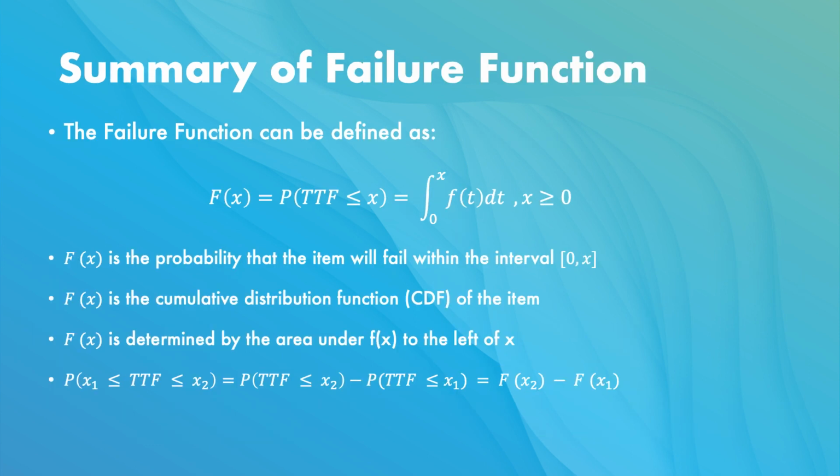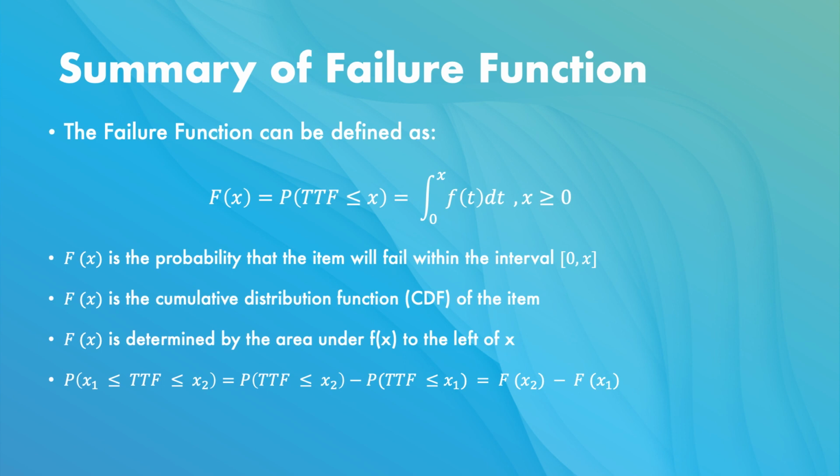This is basically a summary of the failure function properties that we've discussed. We have here the formal definition of the failure function, and it relates to a probability. It is the probability that the item will fail in a given interval from 0 to x, and it is also the integral, or the area under the curve, of the probability density function to the left of the time x.